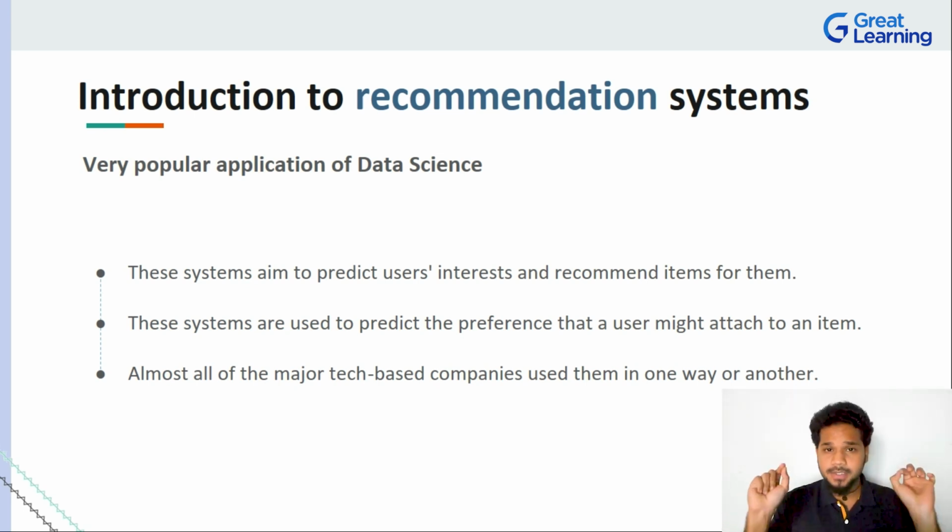Again, don't go on vacations unless the pandemic is over, right? So let's just say I'm going on a vacation and I bought a cap from Amazon. Now, what happens as soon as I buy the cap is, it realizes that this is, of course, for outdoor use. So it'll also recommend sunglasses or sunscreen or something like that, right? Because Amazon knows that, hey, the person might also need this. So it tries to predict, right?